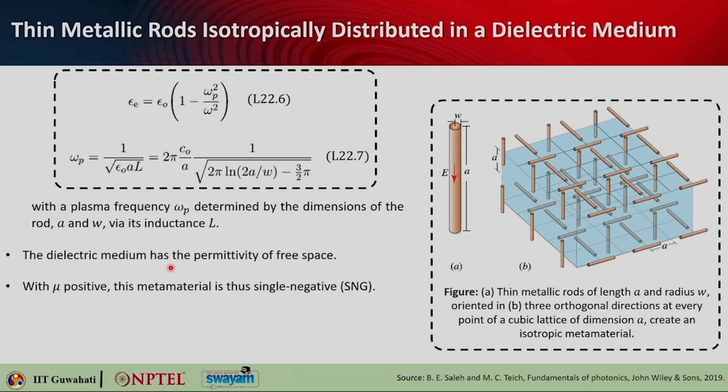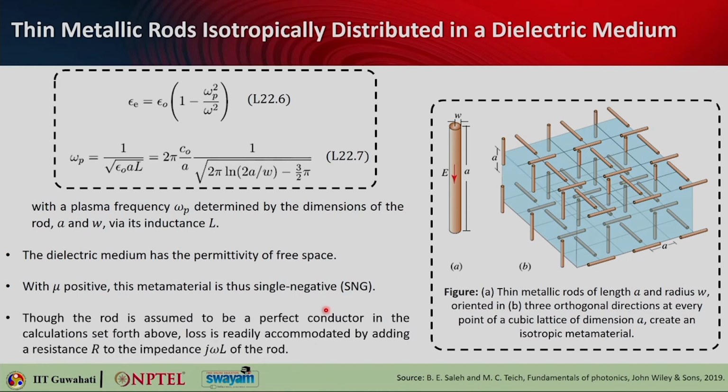So, the dielectric medium has the permittivity of free space here. You are just assuming that these rods are nicely oriented, but in free space. So, when you consider mu to be positive, this is again a single negative metamaterial, or a negative permittivity metamaterial.